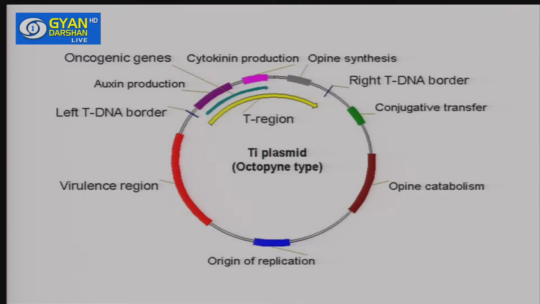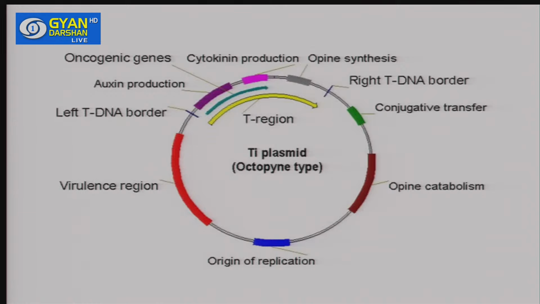If the normal genes which regulate auxin and cytokinin production get mutated, or become non-functional, or function in an improper fashion, then that might lead to oncogenicity of the particular plant, because it might lead to abnormality.